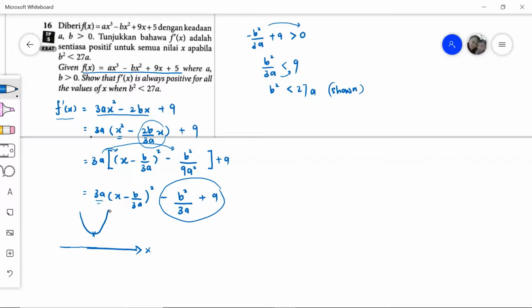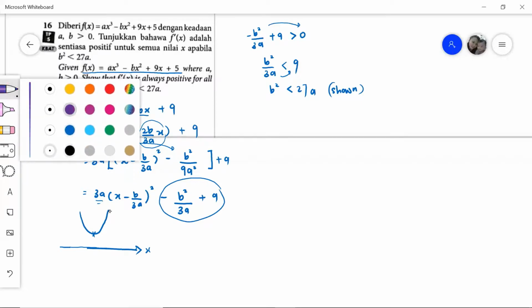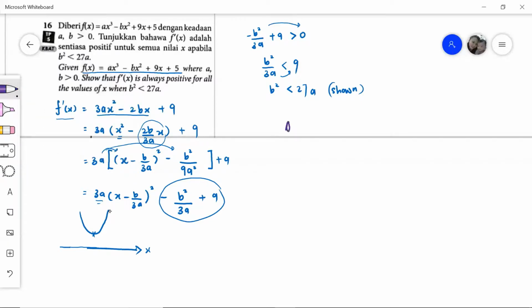Another way is the alternative, as I mentioned, to prove that f prime x is always positive. When it's always positive, the whole graph does not intersect the x-axis. Again, we use this diagram.